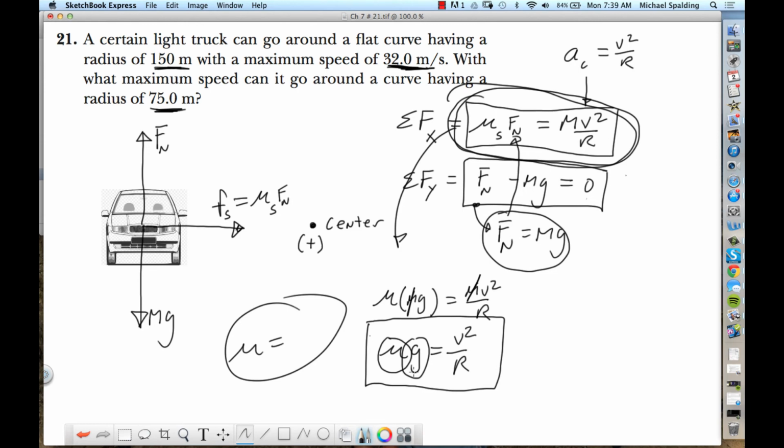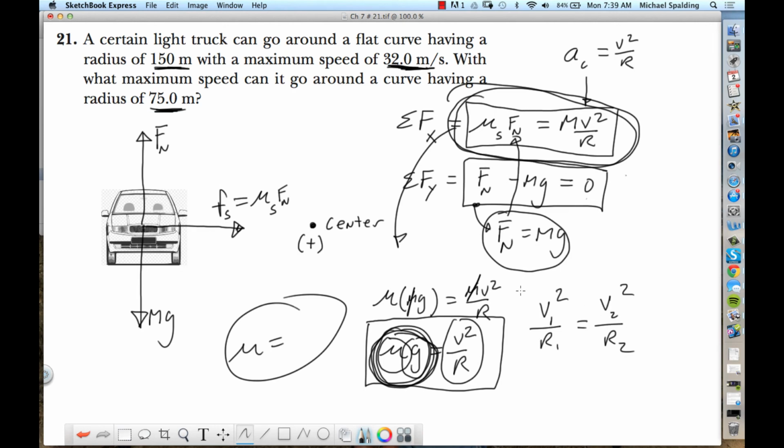But here's what I would do. If mu g is constant, then what must be true about this? It's also constant. So I would say this: V1 squared over R1 is equal to V2 squared over R2. Did everybody see what I did? Because look, mu g is constant, so that means V squared over R must be constant.